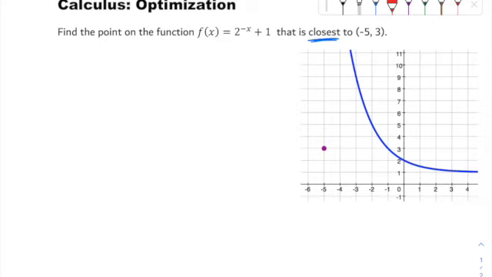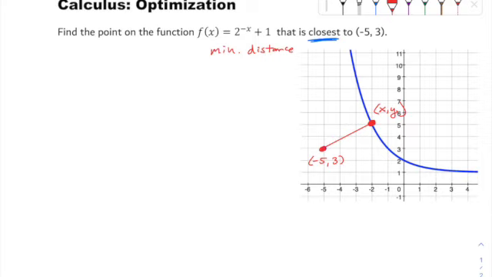So we're talking about a distance from this point that we have, which is negative 5, 3, to some point on this curve. Right now I'll just call that point x, y, but I want to minimize the distance between those two.